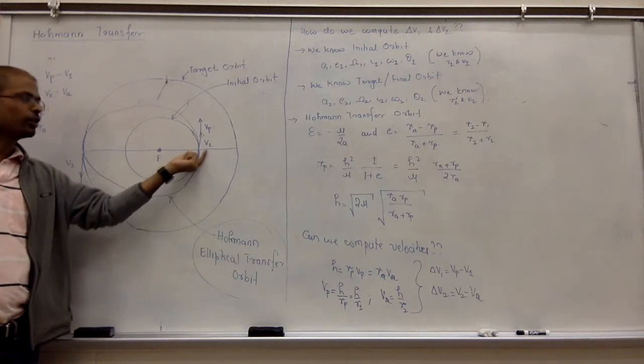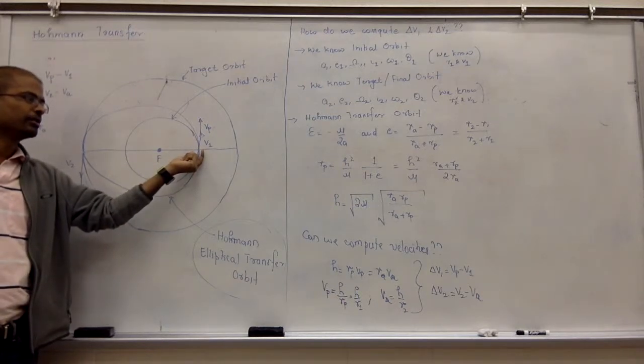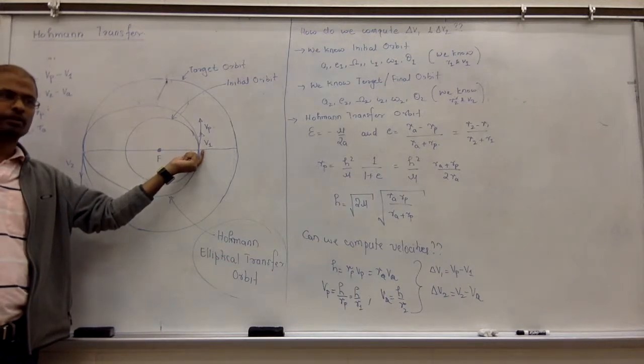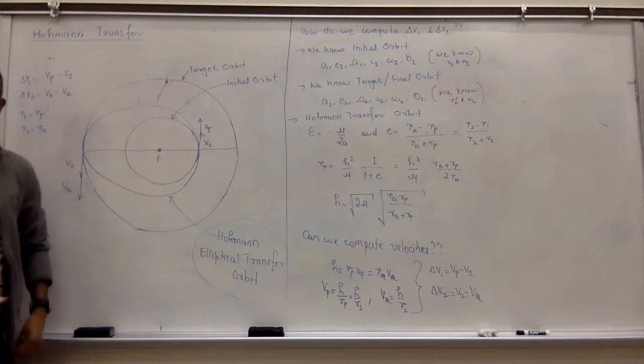What cannot be the same is h between orbits. h is a function of a, the semi-major axis. Is the semi-major axis the same for the circular orbit and the elliptical orbit? It's not the same.